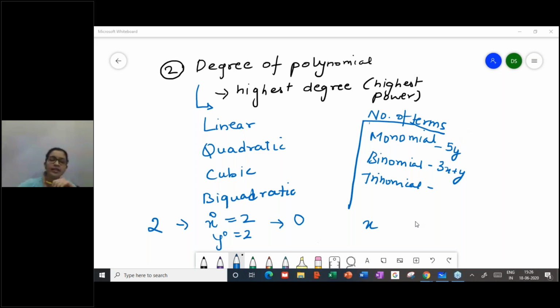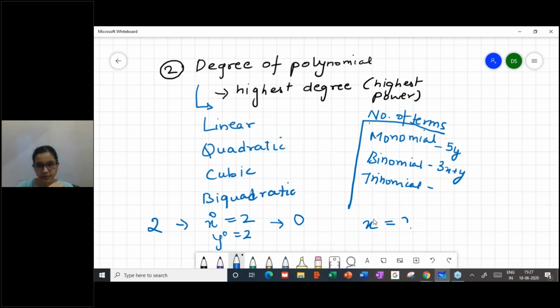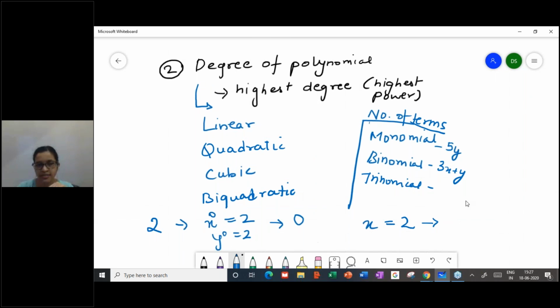Yeah, anything raised to 0 is 1, but we are asking the power. We are not asking what anything raised to 0 is. Right? Don't get confused. If you are going to say the highest degree is 1, which means x is equal to 2 is the polynomial declared. This is when the highest degree is 1. When it's 0, it will be 2. When it's a constant, the highest degree or the power is going to be 0 always. Clear?